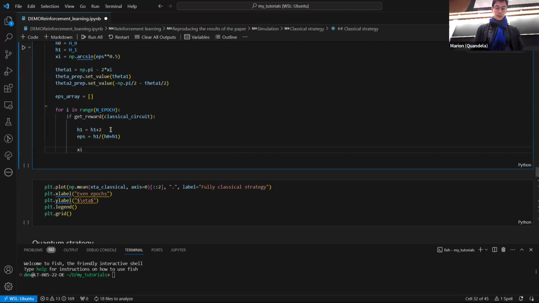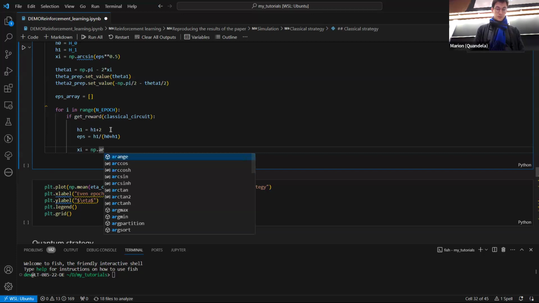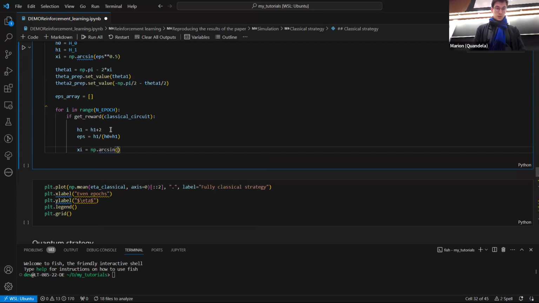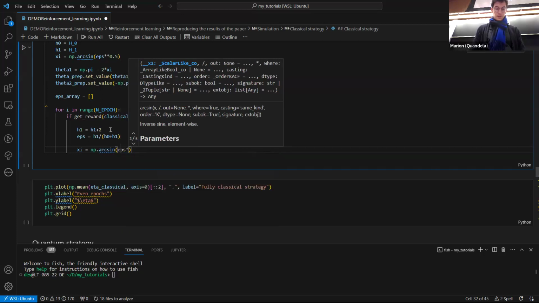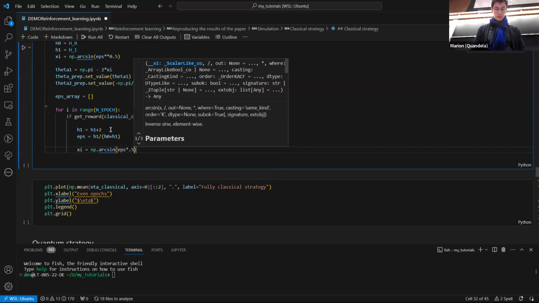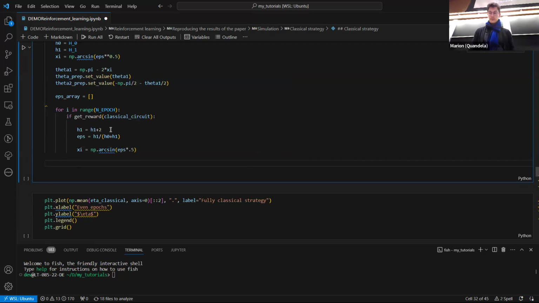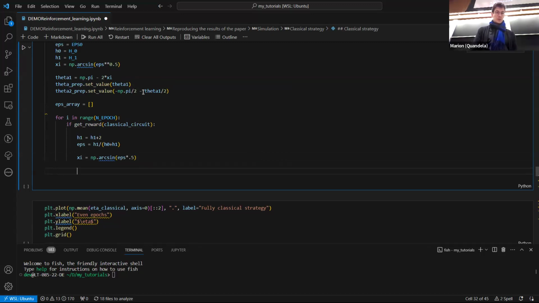Then Xi is still the arcsine of the square root of epsilon. And then we need to reset the angle as we did before.